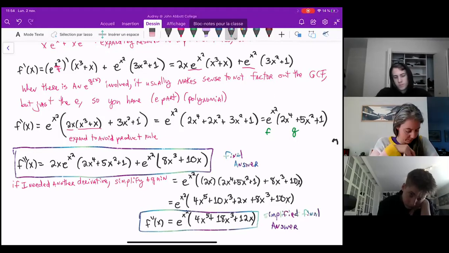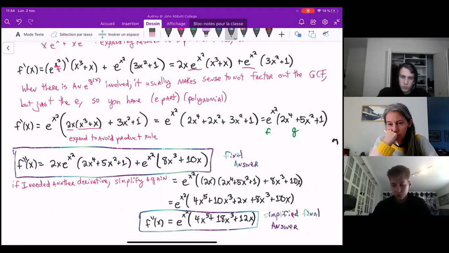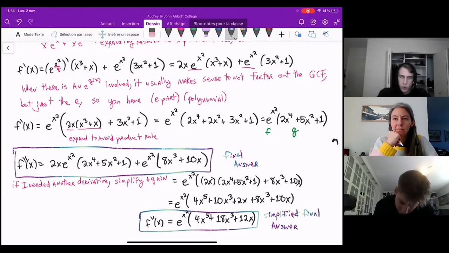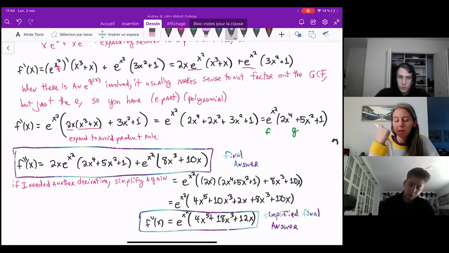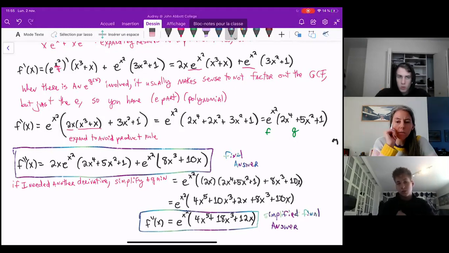I don't know if I'm confusing this with something else, but I always thought a polynomial had to be 4 different like terms, I guess. No. I know there's binomial and trinomial. So a trinomial would have 3 different terms.